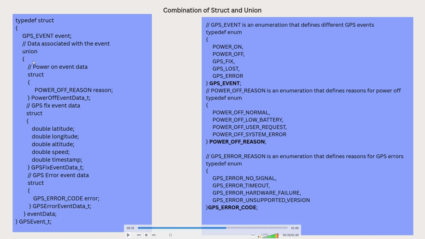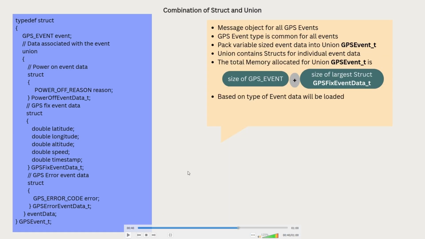For this, what I did is I created a union, and inside that again I have structs. So I have a struct for the power off event, a struct for the GPS fix event, like this. It will define the data for the largest message, like for example here the largest message data is the GPS fix event data.